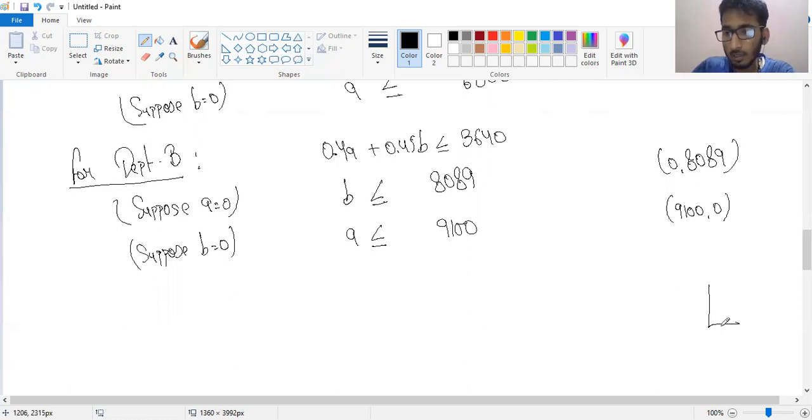A means X, so A would be created on X. The value of A is 7400 or less, so this is the line and the value of X would always be less than this. And for Y, if the value is 10,000, suppose 10,000 is here for B, so it would be created like this.